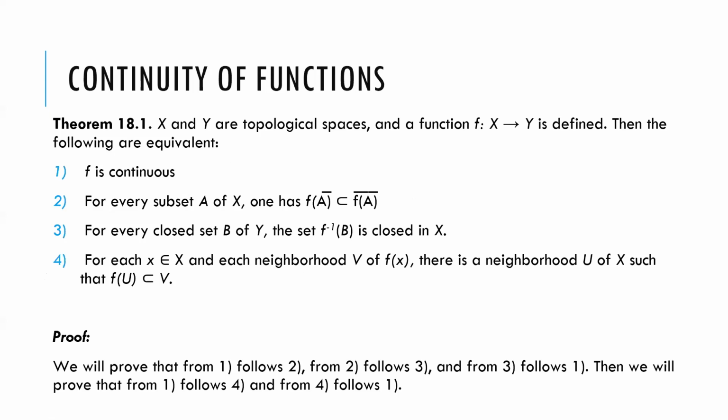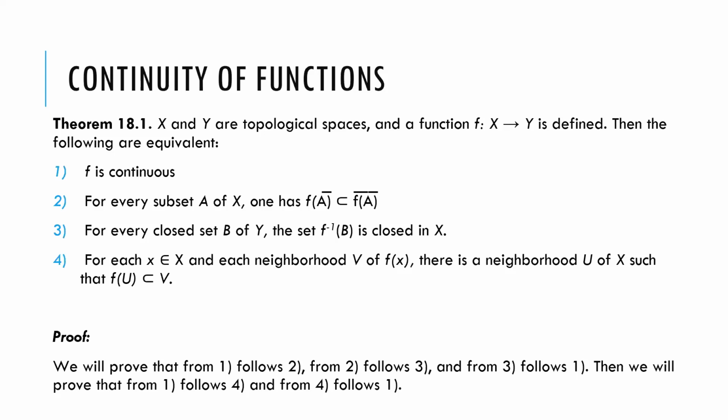Saying that f is continuous is the same as saying that for every subset A of X, f of the closure of A is a subset of the closure of f of A. Then, for every closed set B of Y, the inverse image of B is closed in X. And for each x belonging to X and each neighborhood V of f of x, there is a neighborhood U of x such that f of U is a subset of V.